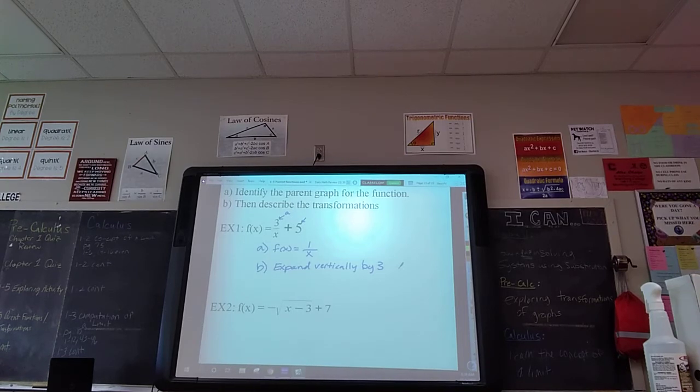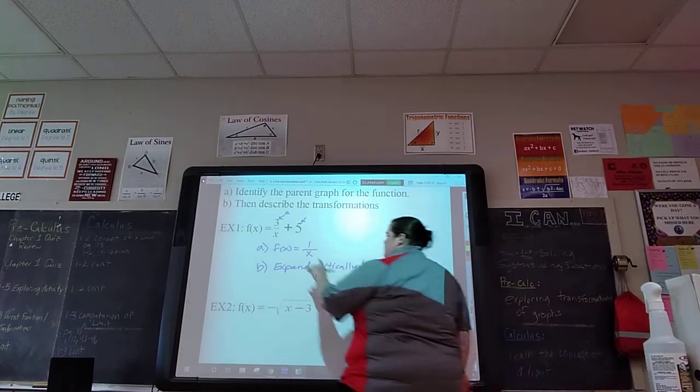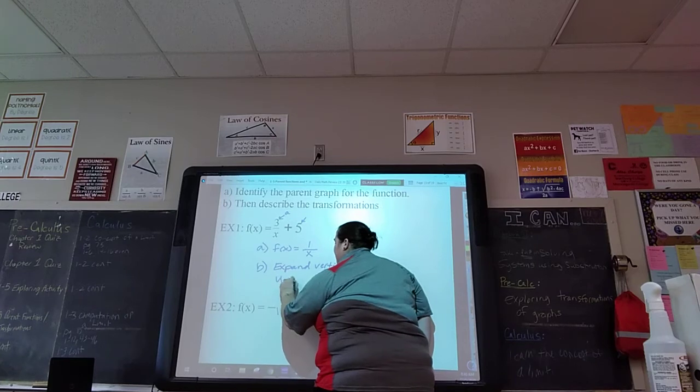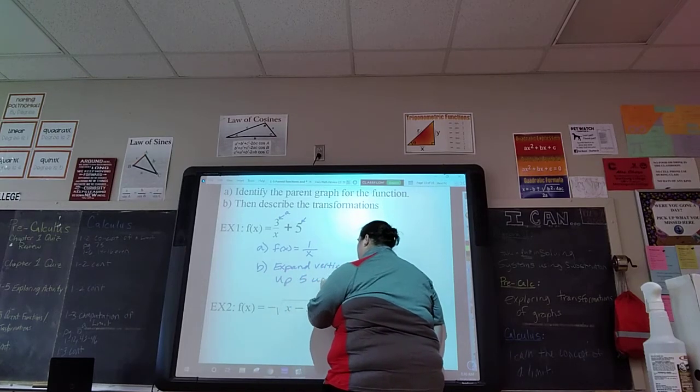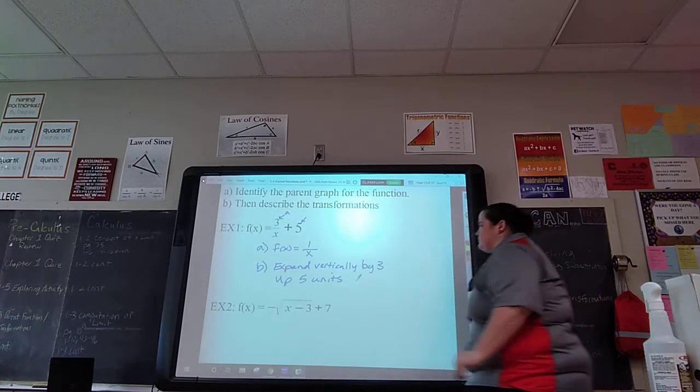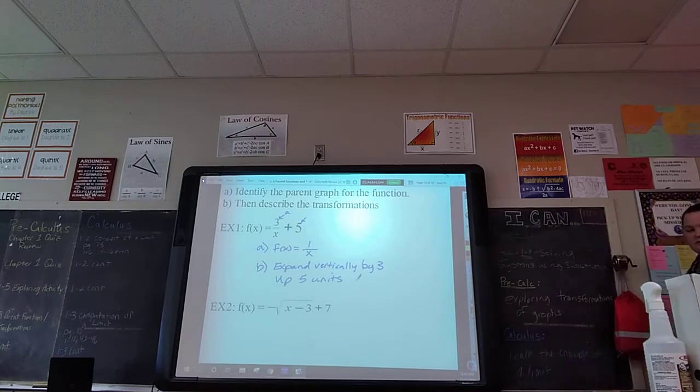And usually when we're telling, except for with reflection because it's not really a number, I like to tell the number that it's coming from. So it's expanding vertically by 3. Now what does that 5 do? Up 5. Questions about that one?